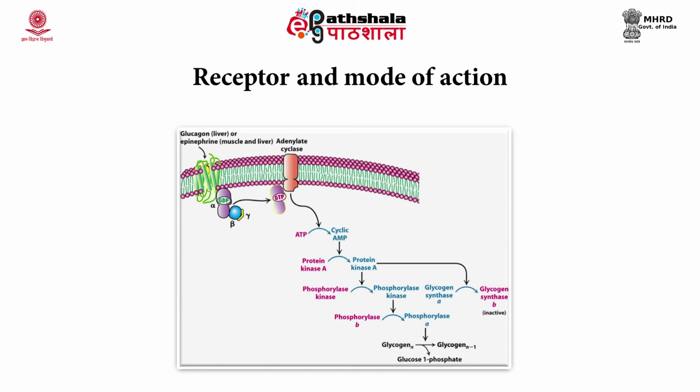This activated cyclic AMP initiates a cascade system which finally converts glycogen into glucose 1-phosphate. The point here is that at each succeeding step the product is produced in greater quantity than the preceding product. Finally, glucose 1-phosphate is dephosphorylated and glucose is liberated.